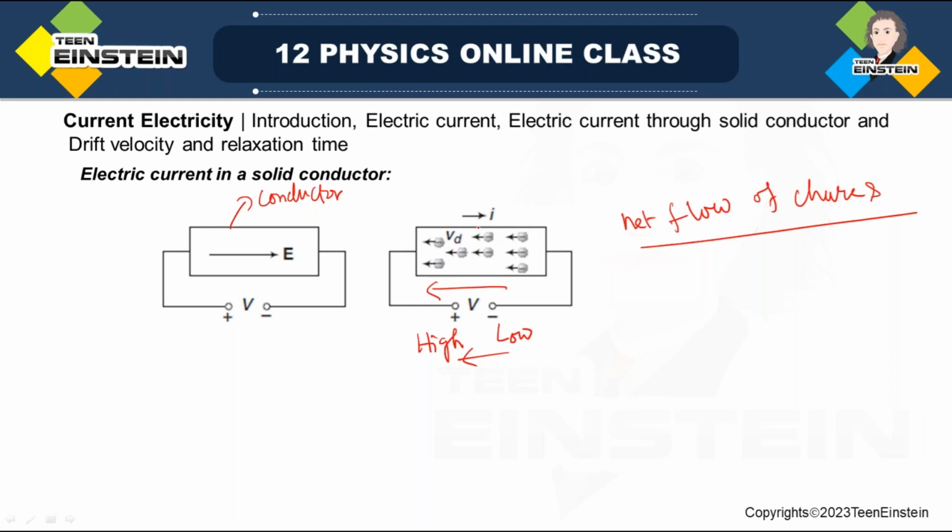So conventionally, the direction of electric current is taken as the direction of flow of positive charges.